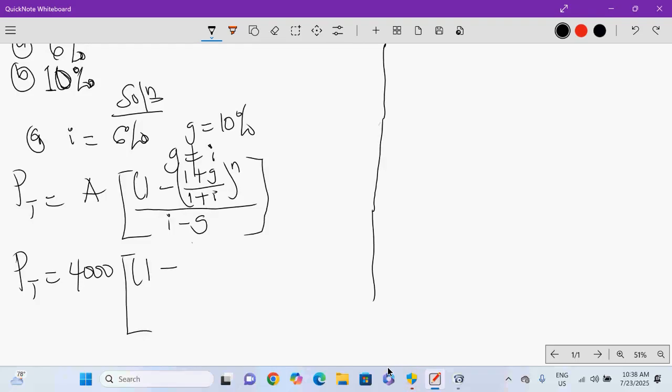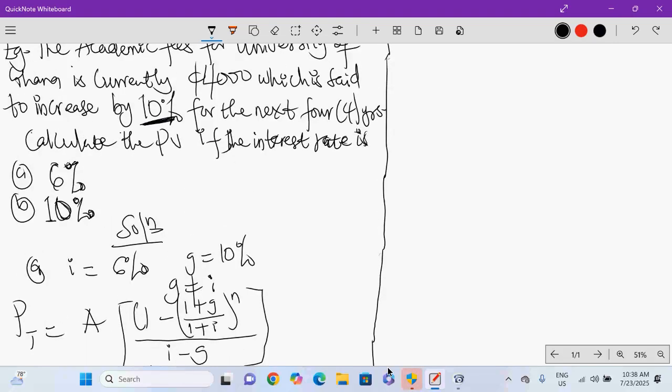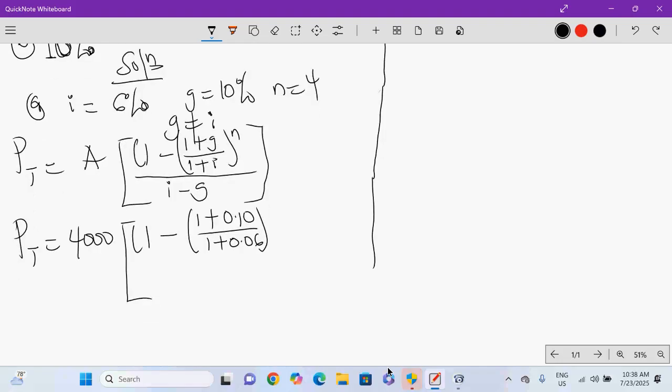Then we have 1 minus, bracket 1 plus g, where g is the growth rate, which is 10%, all over 1 plus the interest rate, which is 6%. The number of periods is 4 years, so our n is 4, all over the interest rate, which is 0.06, minus 0.10. And that is giving us what?